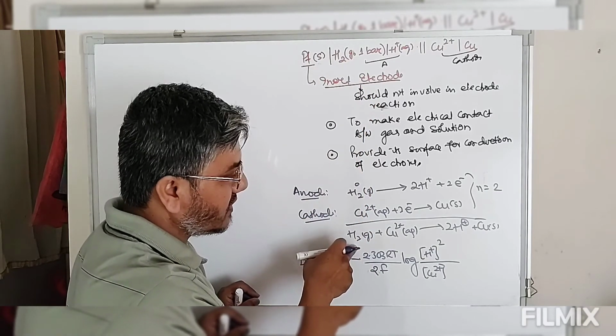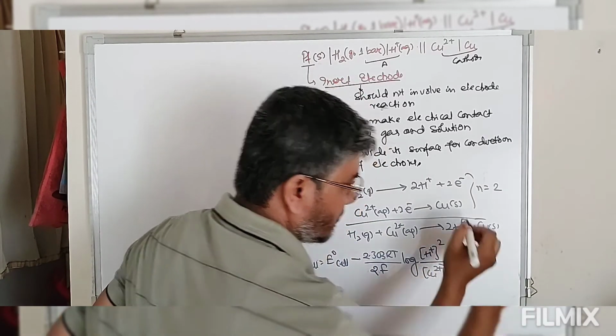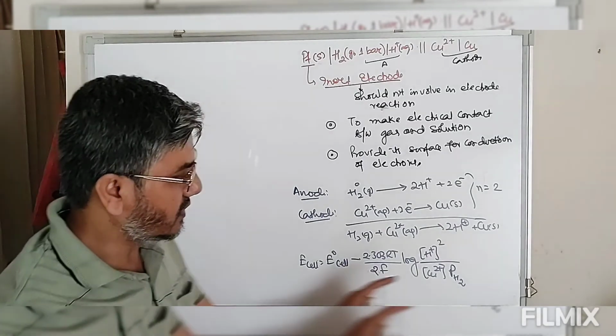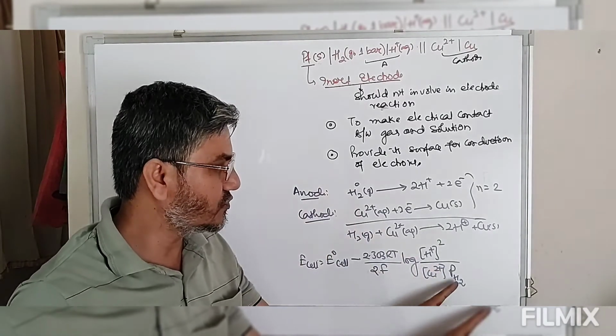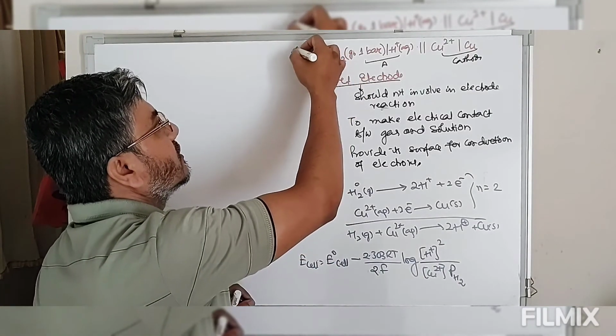If the partial pressure is any value other than 1 bar, then we have to write the partial pressure of hydrogen here. Here it is 1, so we use the value of 1. This is how we write for a gas.